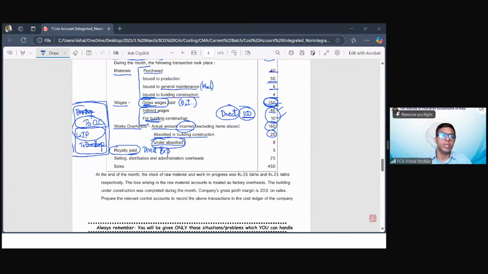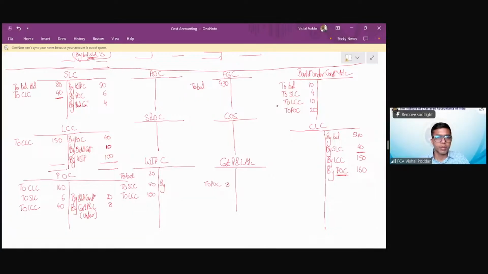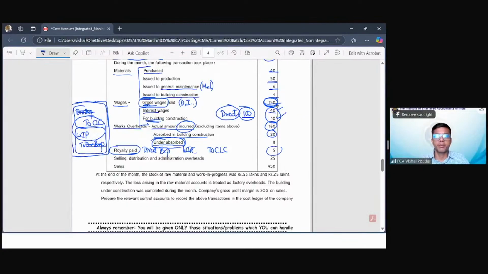The combined entry will be WIP control debit to CLC, and in CLC, by WIP control credit. In the bracket, I'm mentioning what it is for my future reference. So this is what I did for royalty, which is my direct expense.